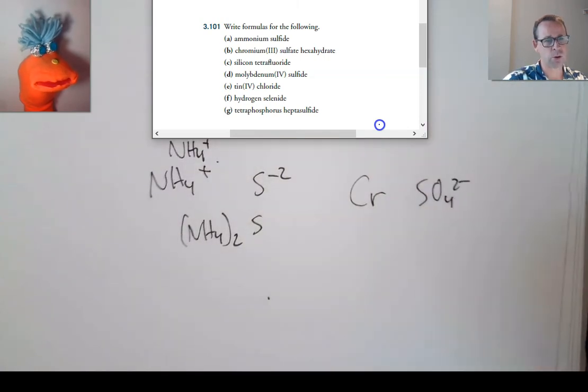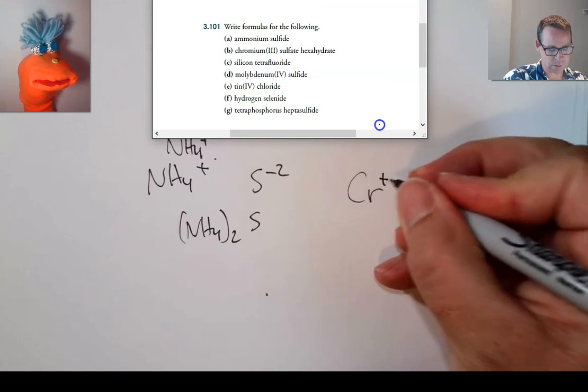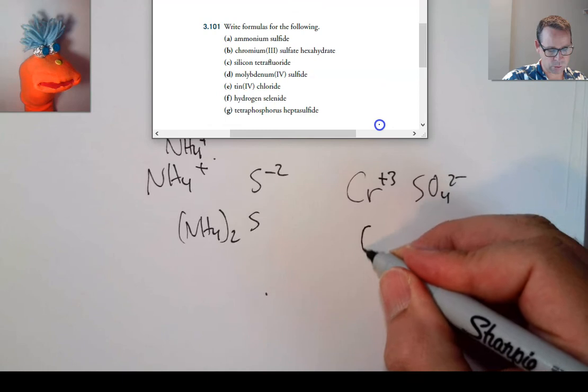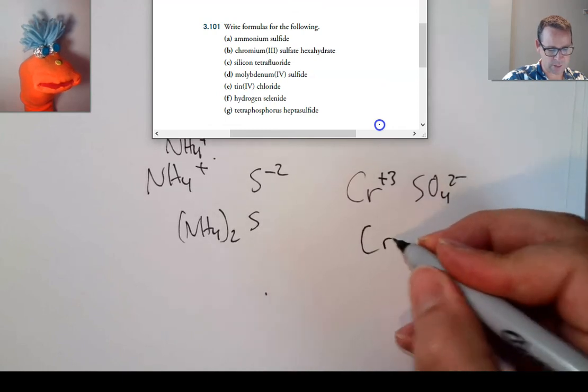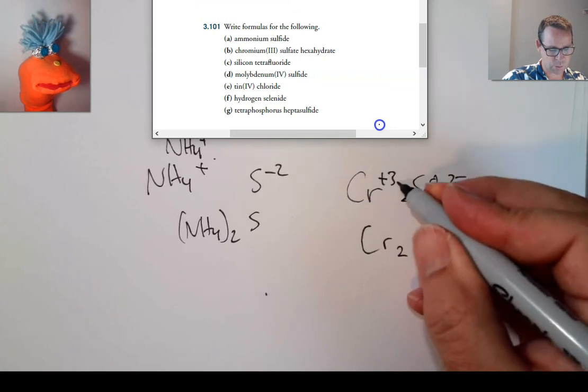Now, what's the charge on the chromium? How am I supposed to know? The chromium 3 right there, right? Oh. So does that mean 3 sulfates? Well, the chromium 3 essentially is telling us the +3 charge. And it does mean 3 sulfates, consequently here, but that's because the crisscross rule works the way it does.